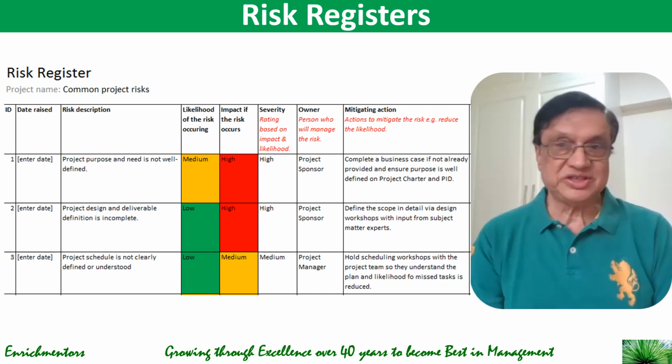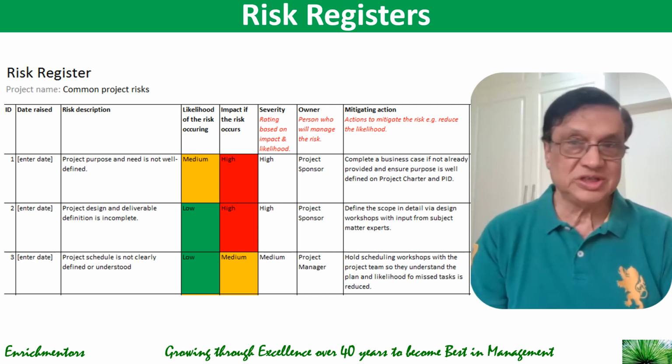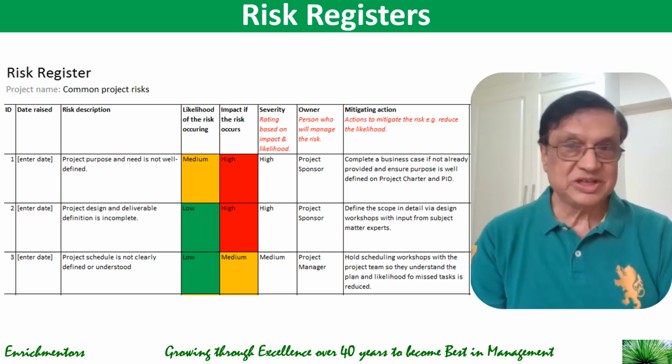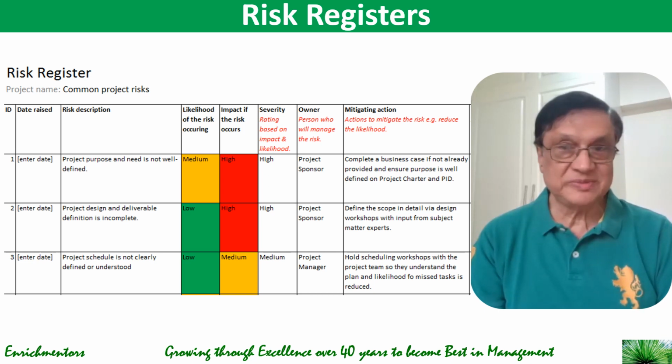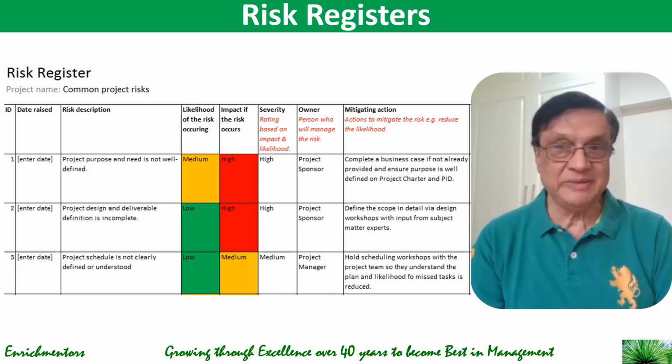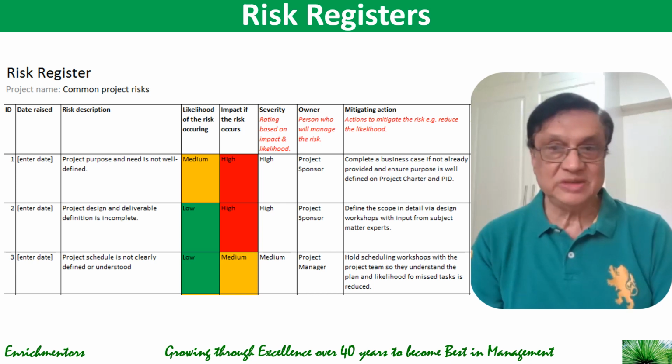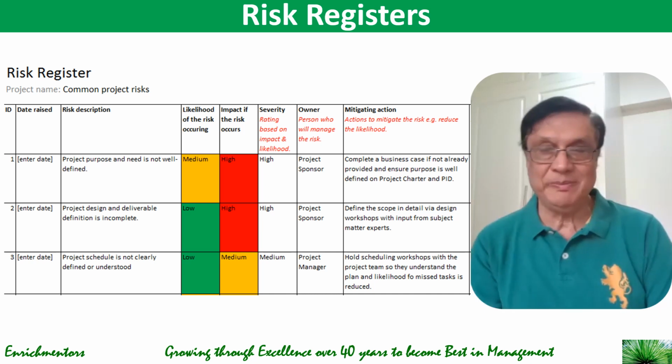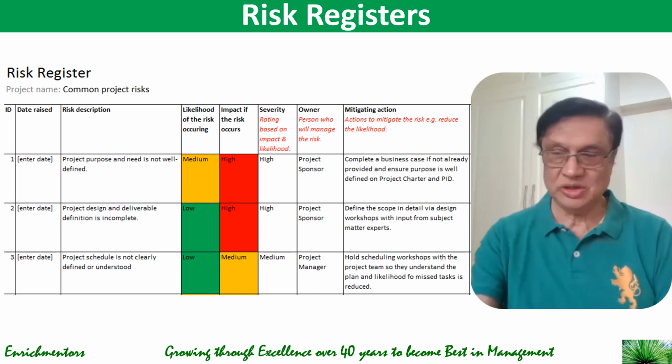Create a risk register as you see here, which has the date the risk was raised, risk description, likelihood of the risk occurring, impact if the risk occurs, and severity based on both of these. If both are high, then your severity becomes high. Then the owner who will manage the risk, and later on when you develop mitigating actions, you can even record them in this.